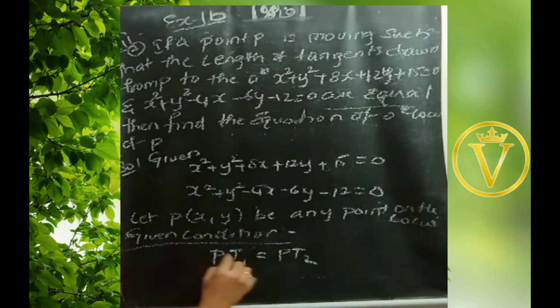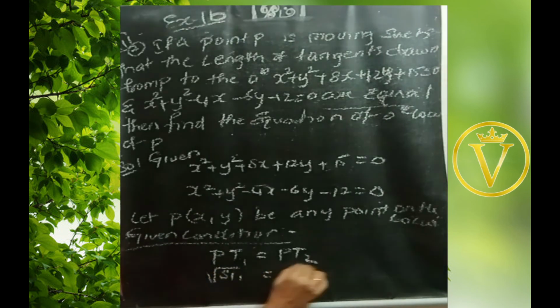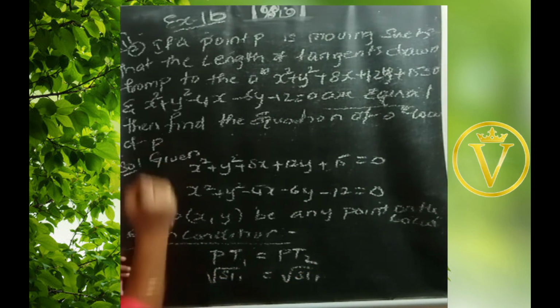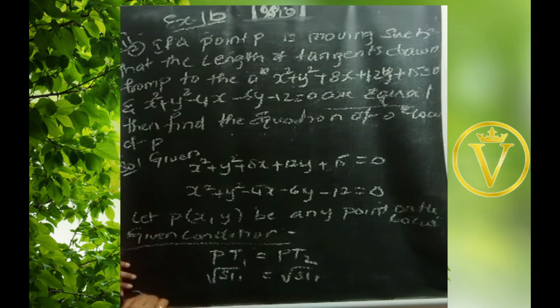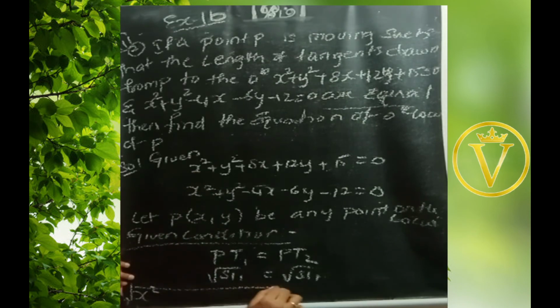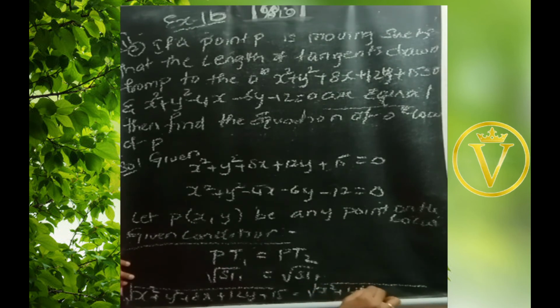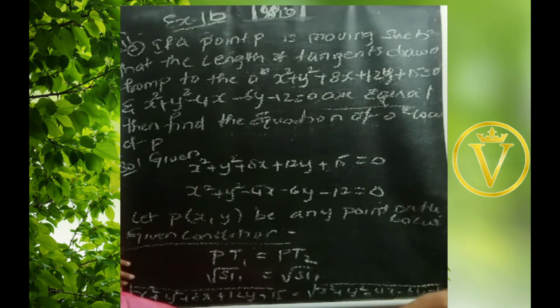Now what is the length of the tangent? Now write the first circle. This is root of x square plus y square plus 8x plus 12y plus 15 equals root of x square plus y square minus 4x minus 6y minus 12.